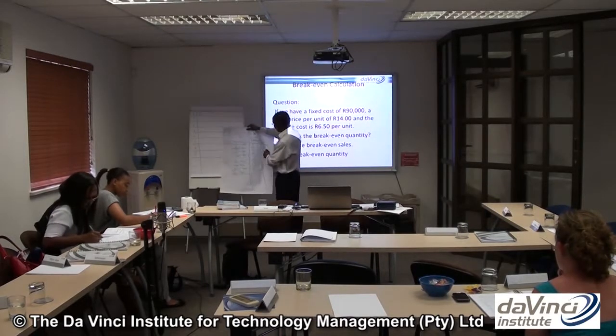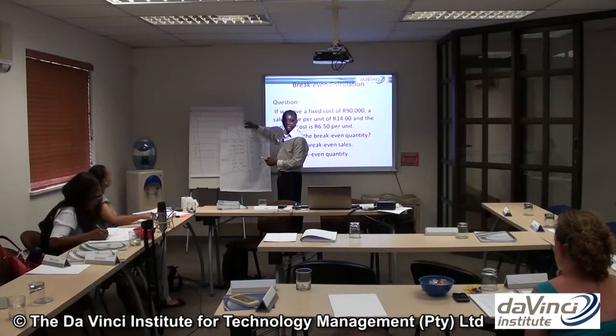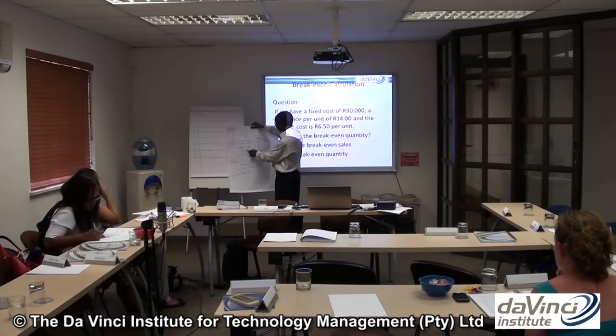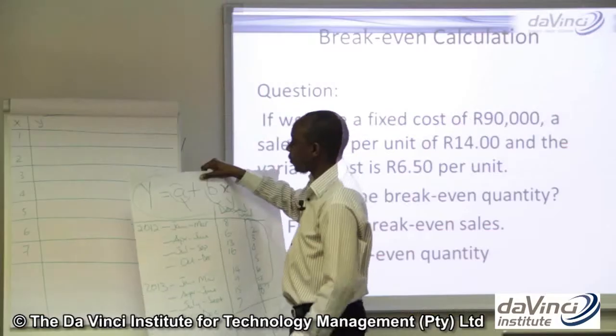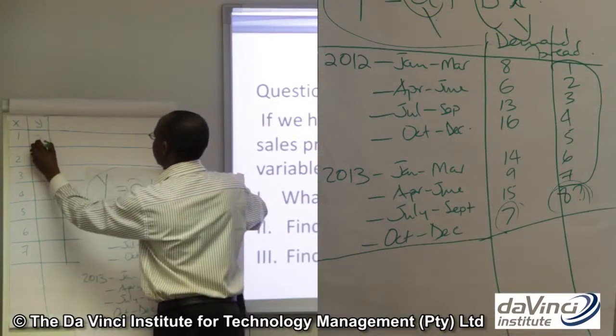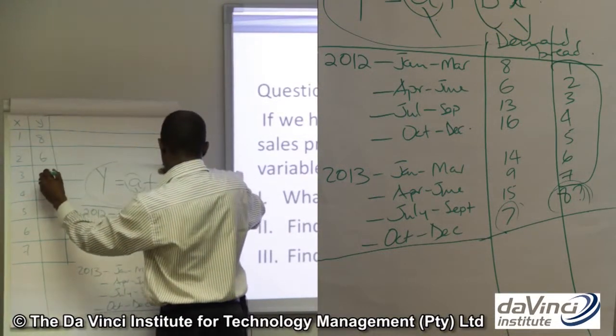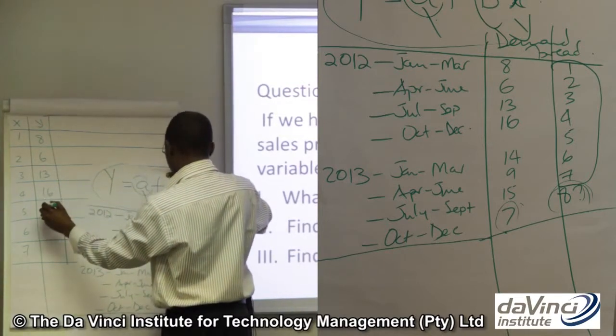So you see from here that 1 is referring to January to March, right? 2 is referring to April to June of 2012. Okay? So what is the demand within that period?